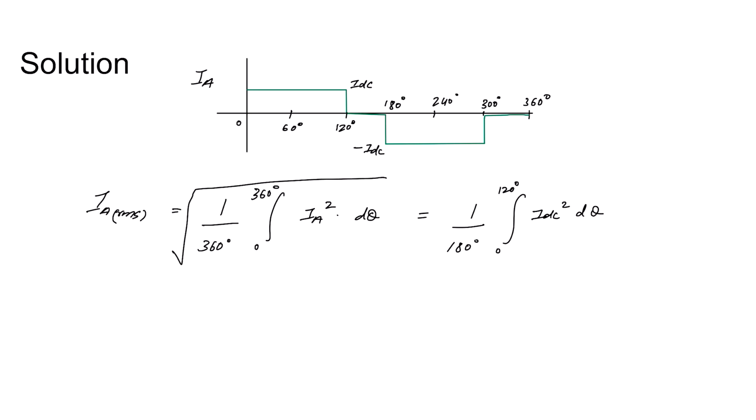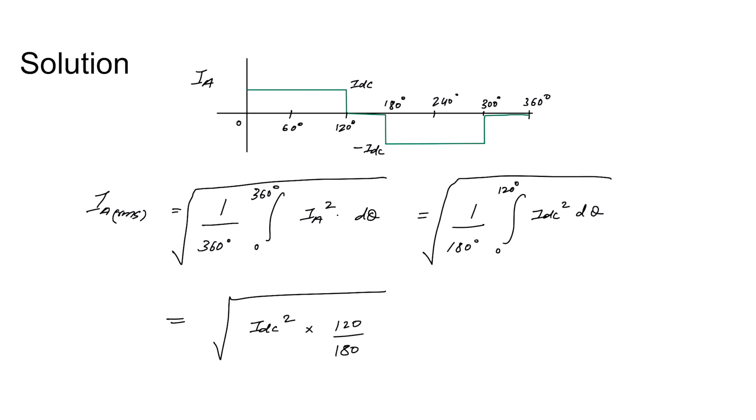Now removing the square, I equals the square root of the formula we evaluated. As IDC exists only for 120 degrees, IDC comes out of the square root, and the only thing that remains inside the square root is 120 degrees upon 360 degrees, which is the square root of 2 upon 3.